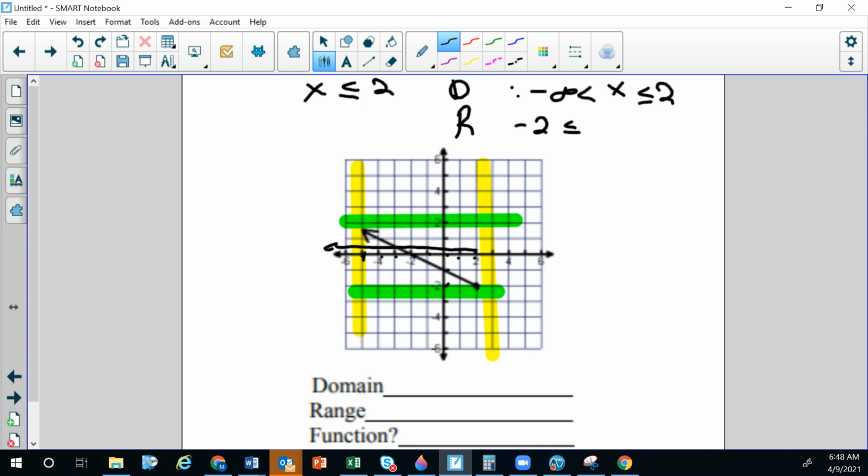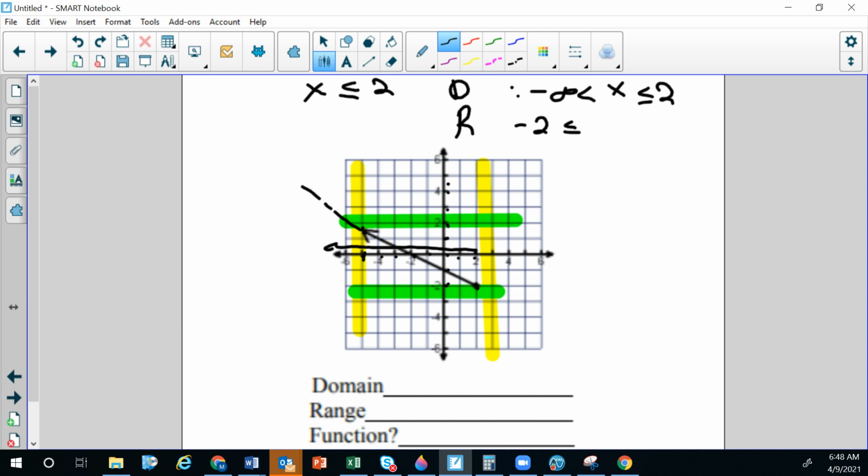On the other side, I'm going to have 1, 2. But guess what? The line touched the arrow, right? Therefore, the graph does not stop here. It keeps on going. So all the y values just keep on going up, because the graph keeps on going that way. The graph keeps on going up all the way to positive infinity.